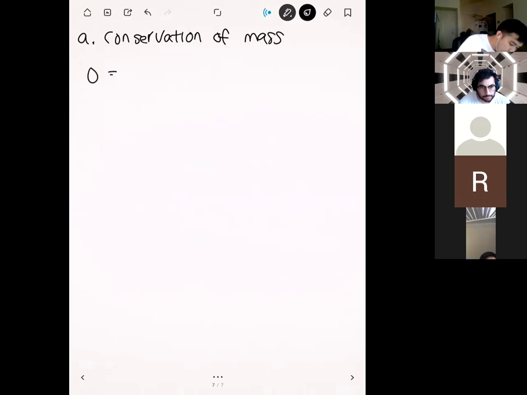So we have 0 is equal to partial t rho dV plus, and I'm just going to go ahead and plug in our expression for the inflow outflow. Because we know for the inflow outflow, we can just say that this is going to be the sum of the mass inflow minus the mass outflow.